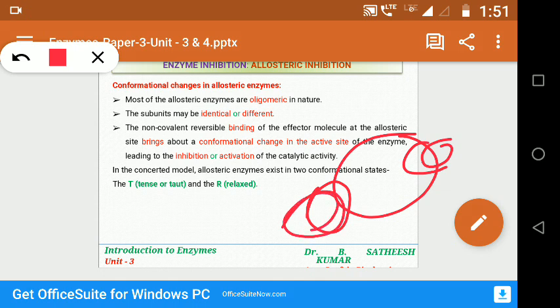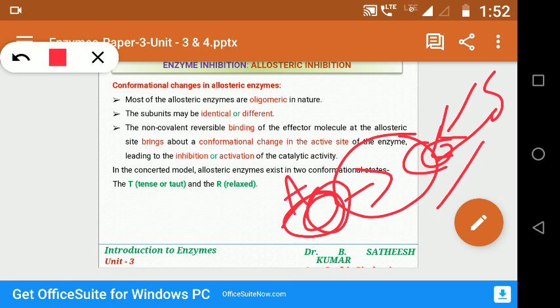Once the activator binds this allosteric site, it brings a conformational change in the active site, which induces the binding of substrate to the active site. So therefore, the activity of the enzyme will be increased. In the presence of activator, the enzyme activity will be increased.